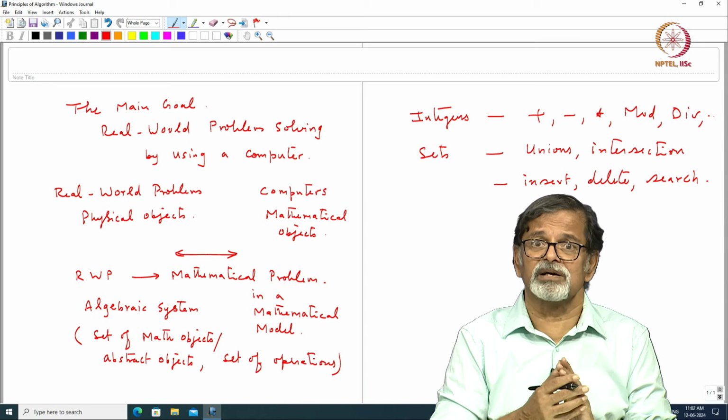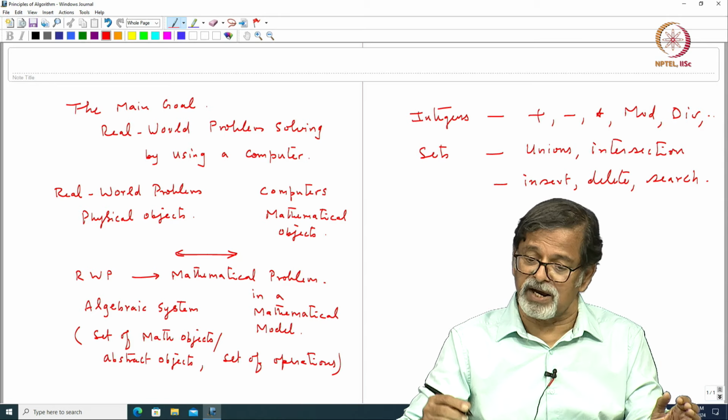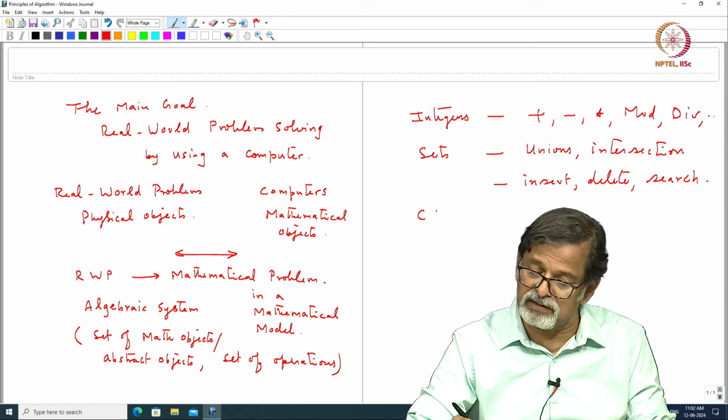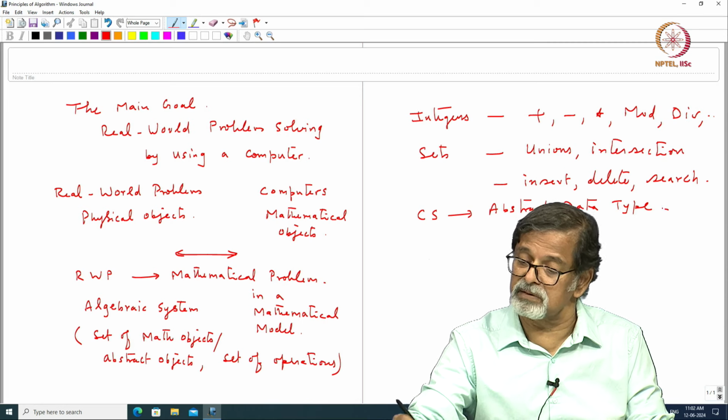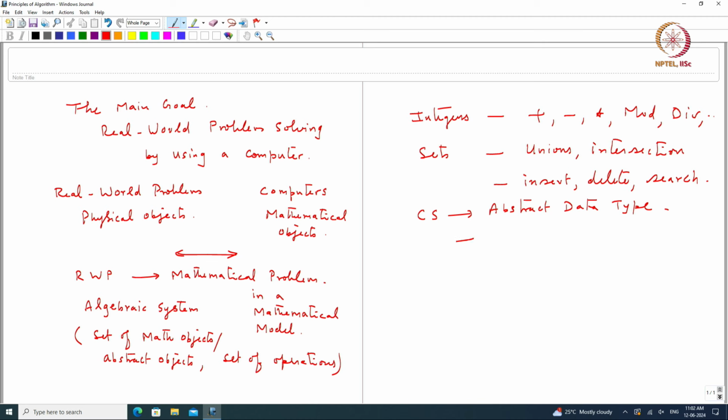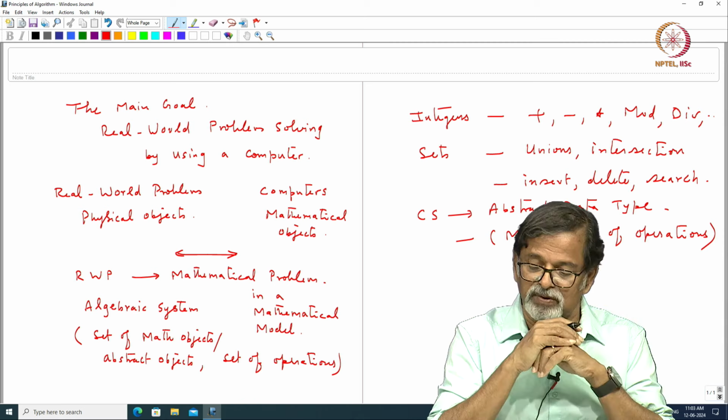In computer science, we call this abstract data type. So, abstract data type is a mathematical model together with a set of operations.